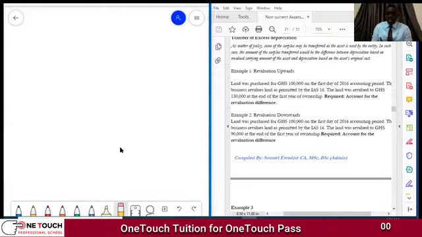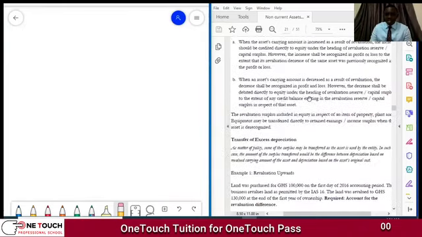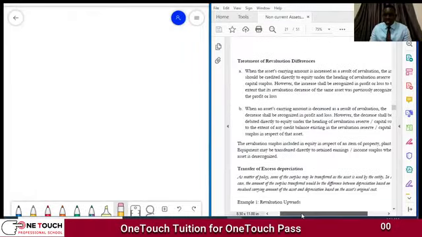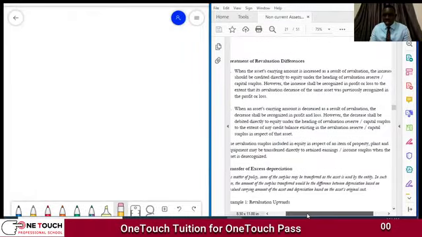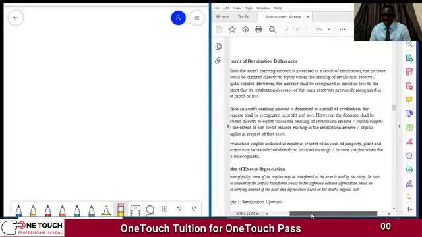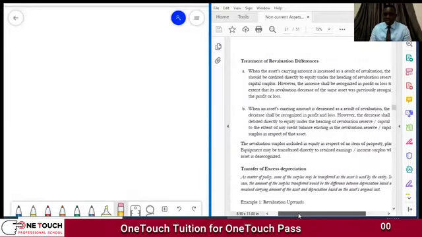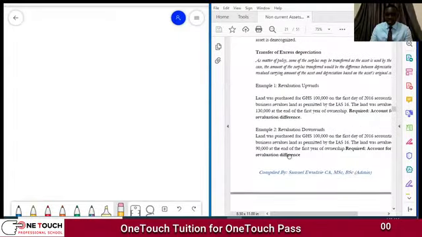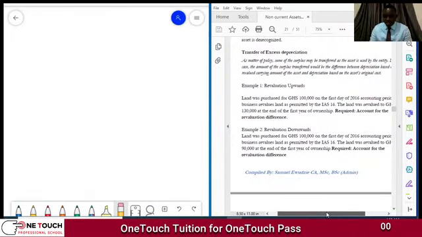Good. So when there's a revaluation, what we learned was that when the asset's carrying amount is increased as a result of revaluation, the increase should be credited directly to equity under the heading of revaluation reserve or capital surplus. Okay, good. So here, the asset value was 100. It was revalued to 130. Then we have to account for the revaluation difference.